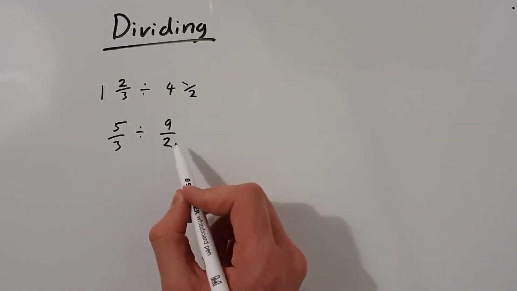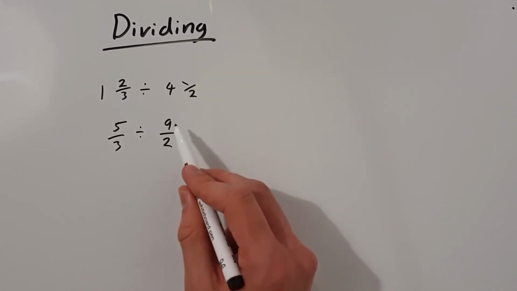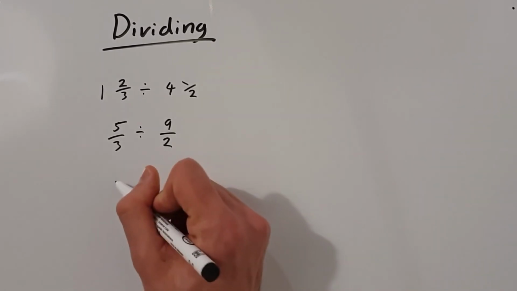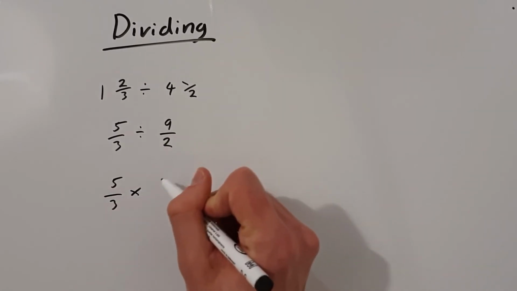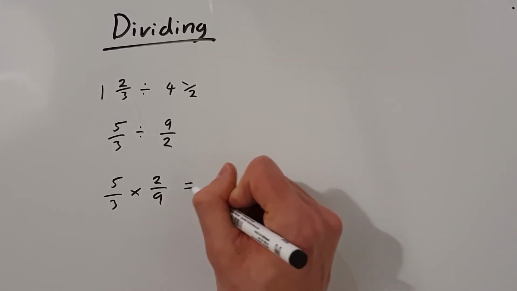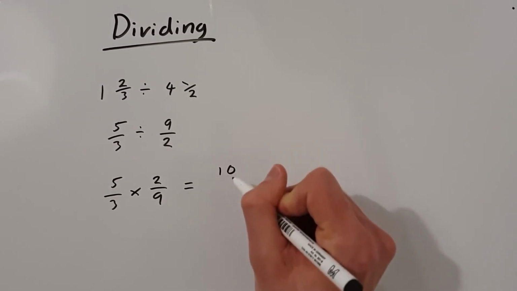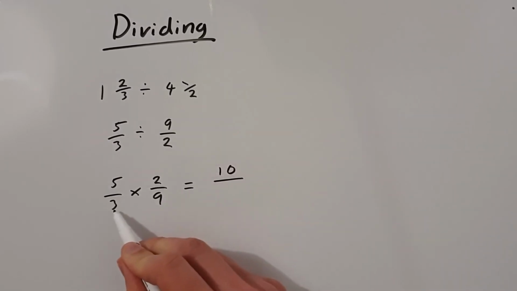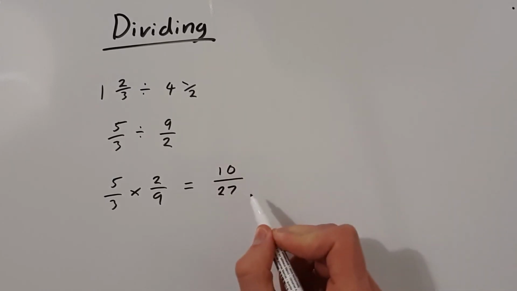So we'll rewrite it as a multiply, and then we'll turn this fraction completely upside down. So we'll say 5 over 3 multiplied now by 2 over 9. And then we'll work this out exactly the same way. So 5 times 2 is 10, over 3 times 9 is 27.